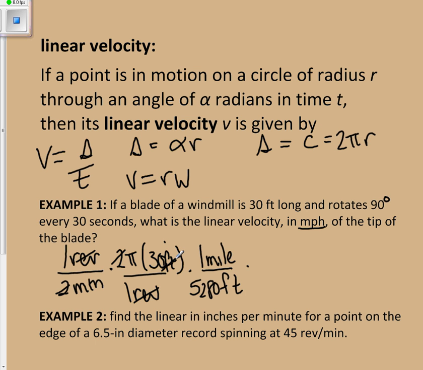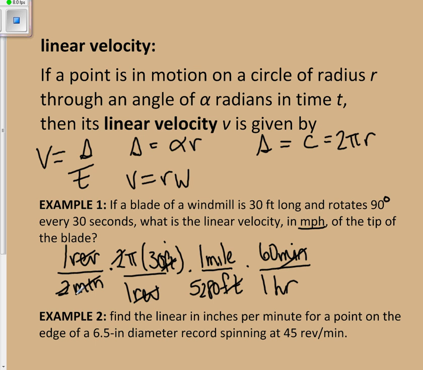So now my feet will be done. Now I'll have something in miles per minute, but I want miles per hour. So I need to convert my minutes into hours. There are 60 minutes for every 1 hour. So now my minutes go away.